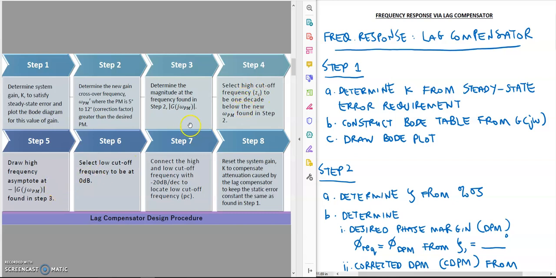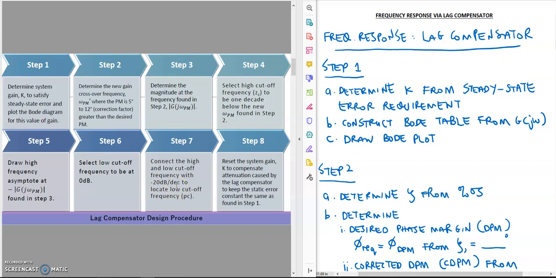And then based on step 3, we invert the value of this one by making it negative, and then we draw the asymptote, which is the straight line along this value. And then we select the low cutoff frequency at 0 dB by connecting this high cutoff frequency and low cutoff frequency with a negative 20 dB slope.